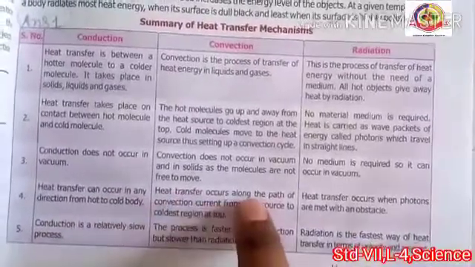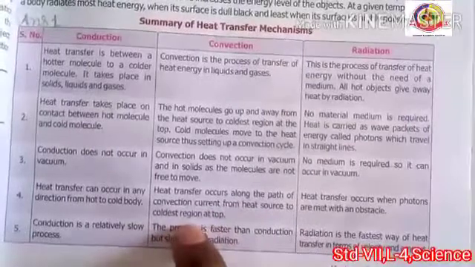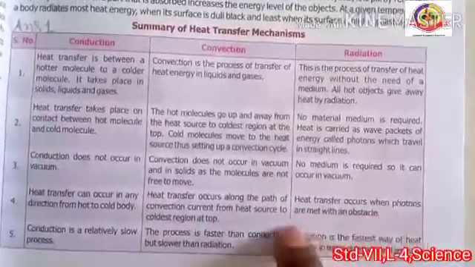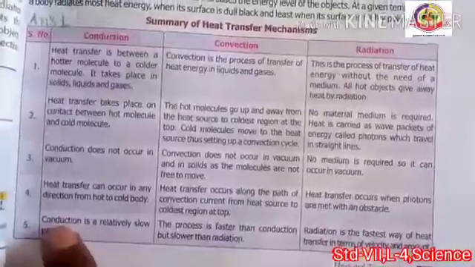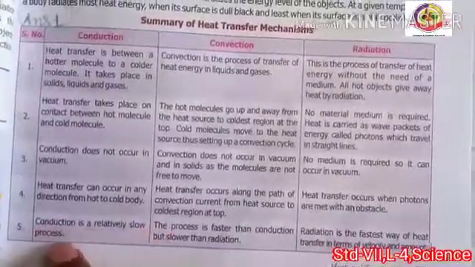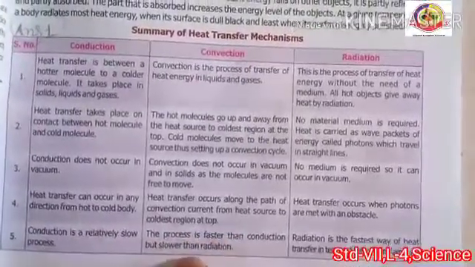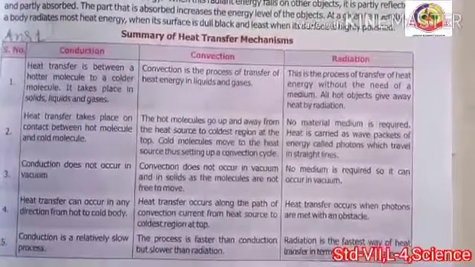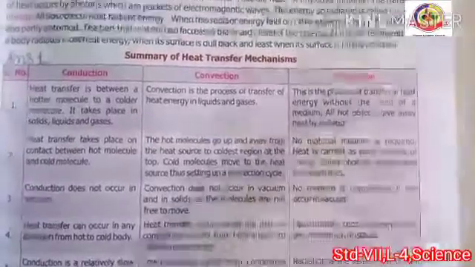In convection, heat transfer occurs along the path of the convection current from the heat source to the coldest region at the top. In radiation, heat transfer occurs when photons meet an obstacle. Conduction is a relatively slow process, and convection is faster than conduction but slower than radiation. Radiation is the fastest way of heat transfer in terms of velocity and amount. The next.